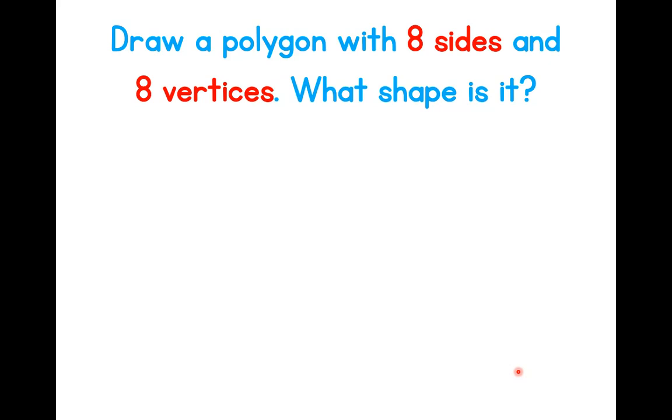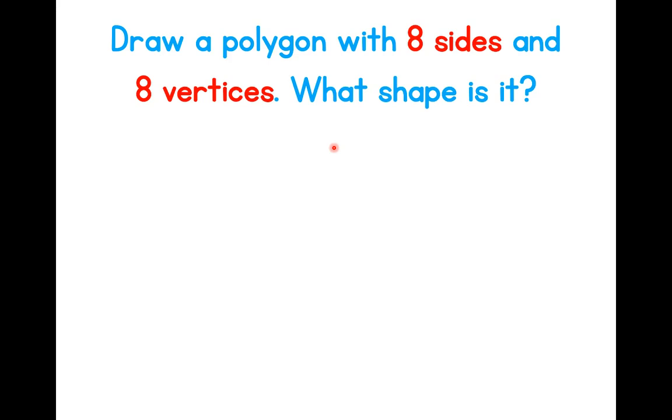All right, so let's go ahead and practice identifying and learning about some shapes today. So it says that we need to draw a polygon with 8 sides and 8 vertices. What shape is it?